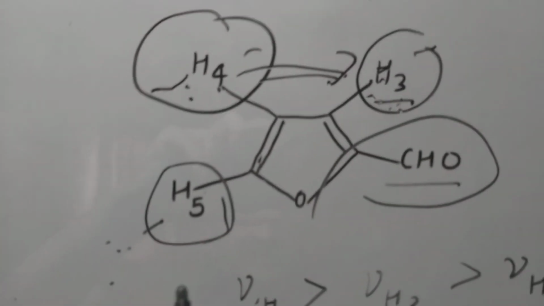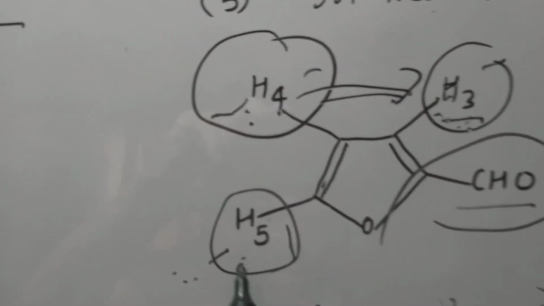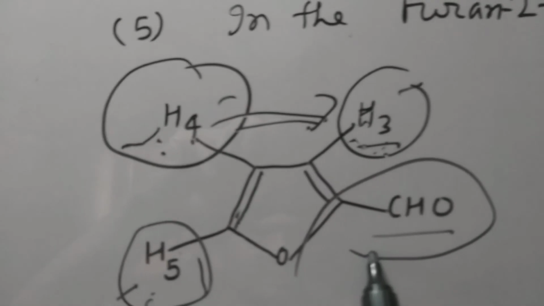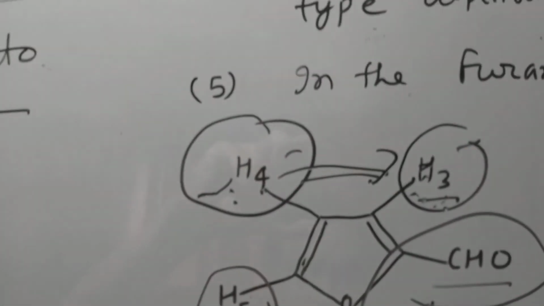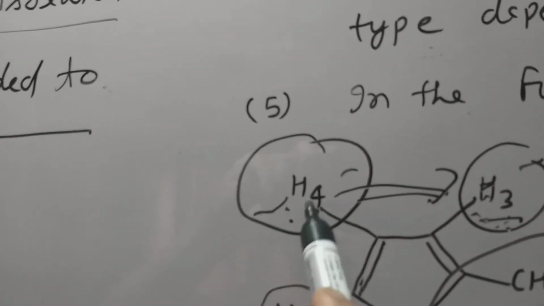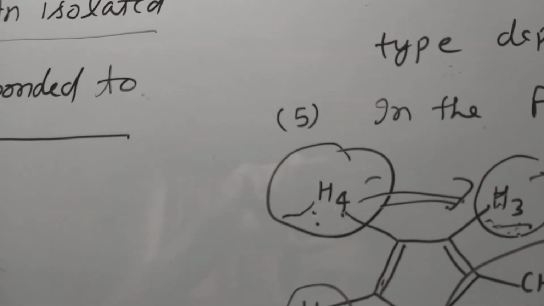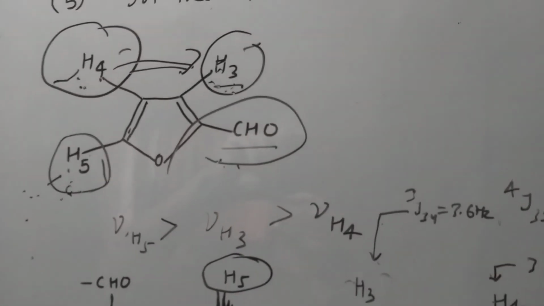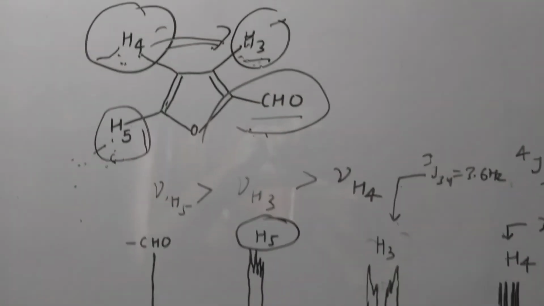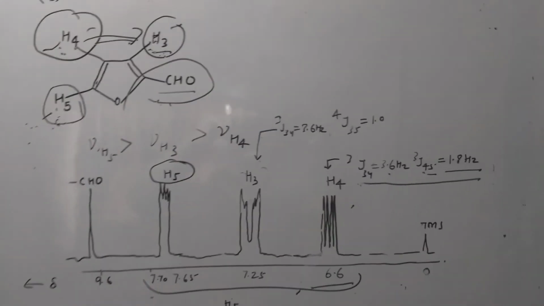It can only be explained by considering that this H5 proton is also coupling with the CHO aldehydic proton, along with the two couplings H5-H4 and H5-H3. This system is defined as the AMX type of spectrum. Thank you.